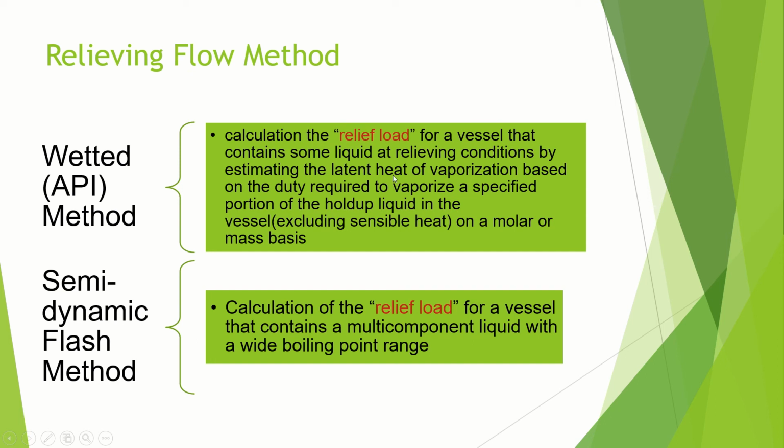In this method, the latent heat of vaporization is used to estimate the vaporization of a specified portion of the hold-up liquid in the vessel, the sensible heat is excluded, and all the calculations are done on a molar and mass basis. The semi-dynamic flash method is the other method for calculation of the relief load of a vessel that contains a multi-component liquid with a wide boiling point range. We can use one of these methods in the safety analysis environment.